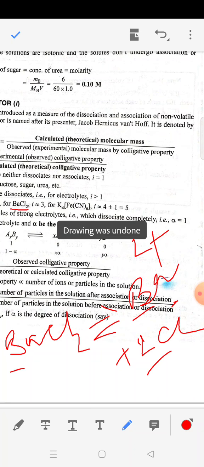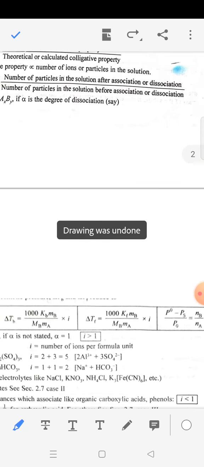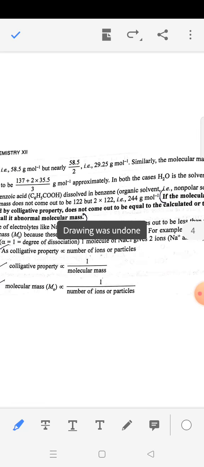And before dissociation it is 1. So the i value will be 3 divided by 1, that is 3. So that is how we calculate the Van't Hoff factor i if the solutes are undergoing dissociation. But there are certain solutes which undergo association also. I hope we have some examples here.